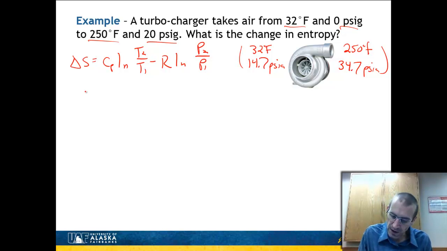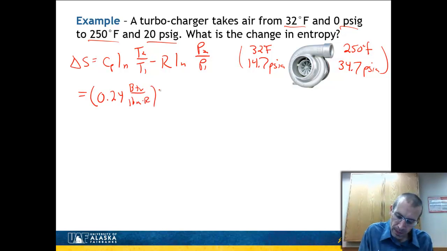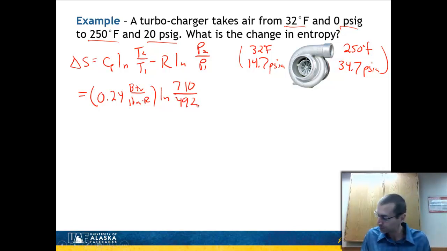We can just do that directly now. Cp of air is about 0.24 BTUs per pound mass R. And then the natural log of my temperature, T2, which is 250. I need to add 460 to that, so it's going to be 710 over 492. That needs to be in degrees Rankine.